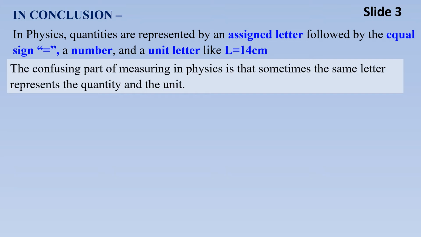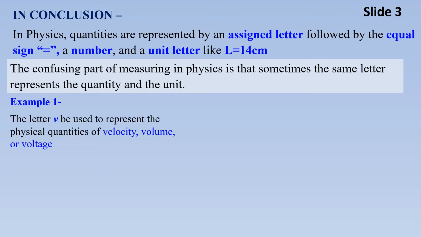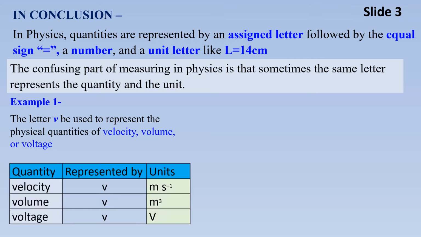The confusing part of measuring in physics is that sometimes the same letter represents the quantity and the unit. An example, the letter V can be used to represent the physical quantity of velocity, volume, or voltage.